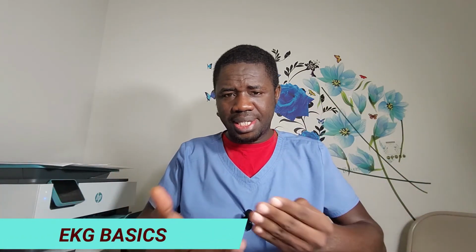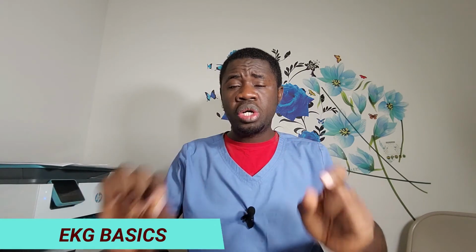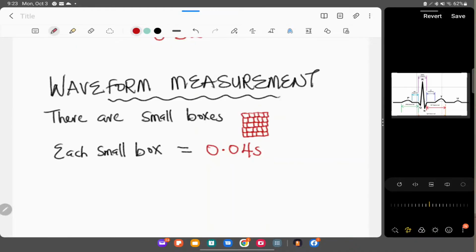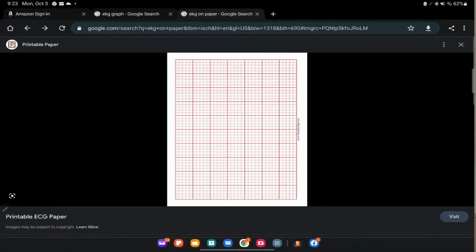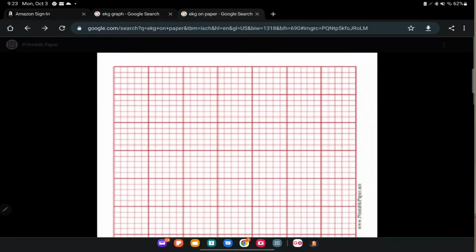Now, there are thousands of boxes in an EKG graph. You can see that there are groups of small boxes in a big box.